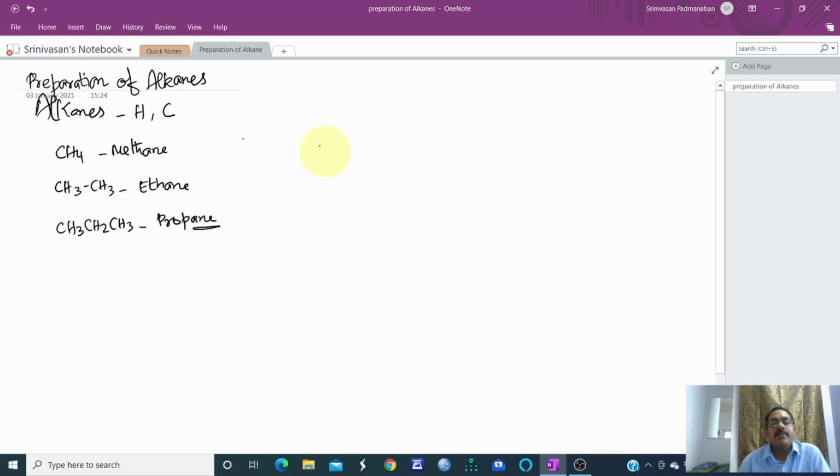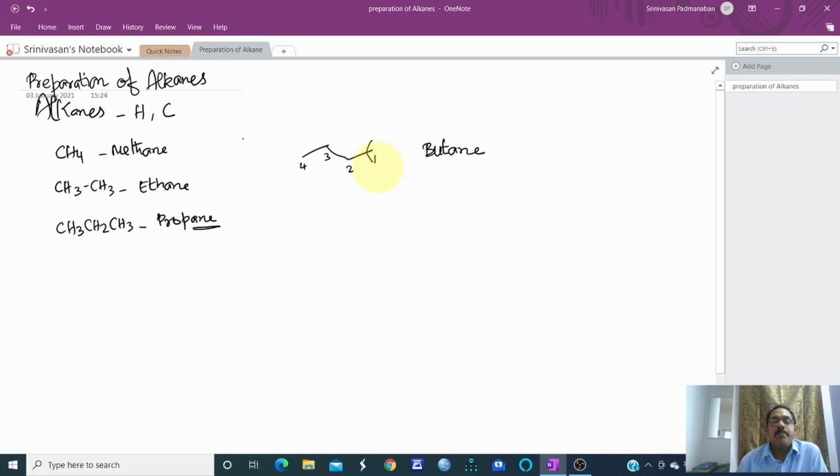So I'll resort to a different diagram, the line diagram, which I am using now. This one is called butane. You see the points, 1, 2, 3, 4. Butane can be written like this also. Each point refers to a CH group.